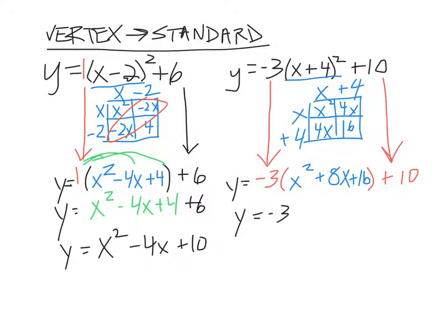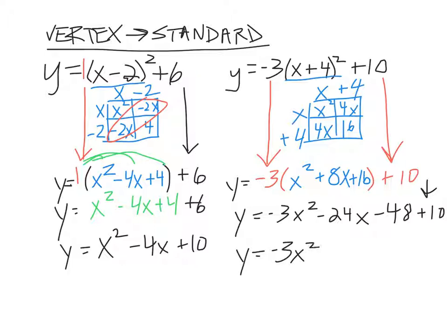So negative 3x squared minus 24x minus 48. Don't forget about your plus 10. So y equals negative 3x squared minus 24x minus 38.